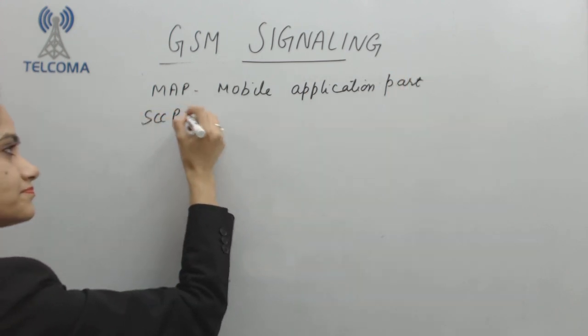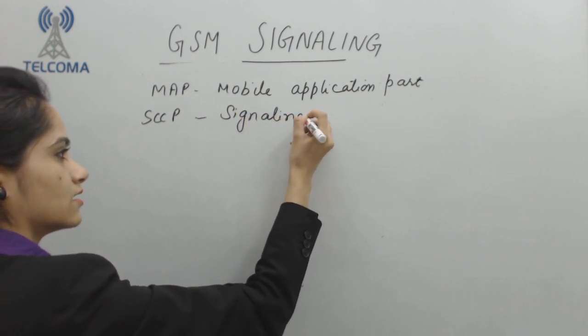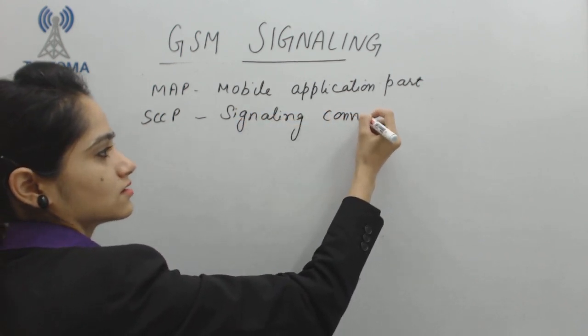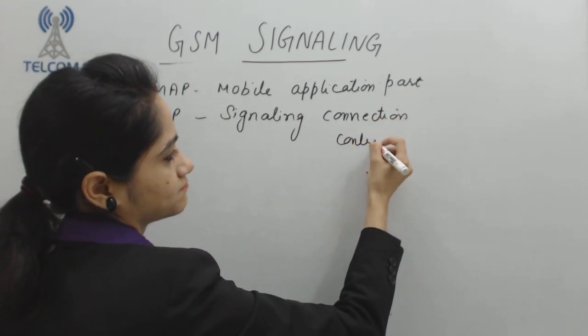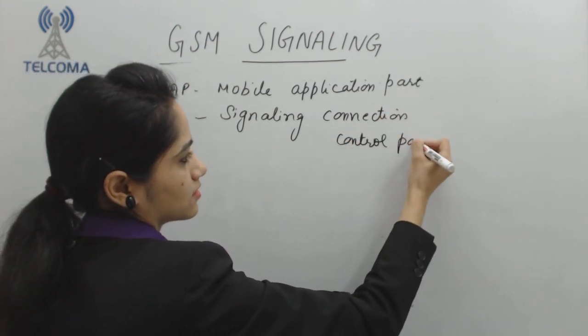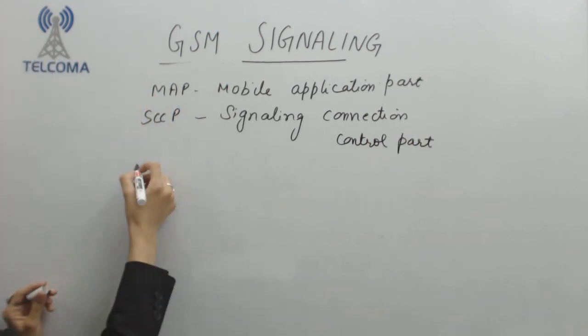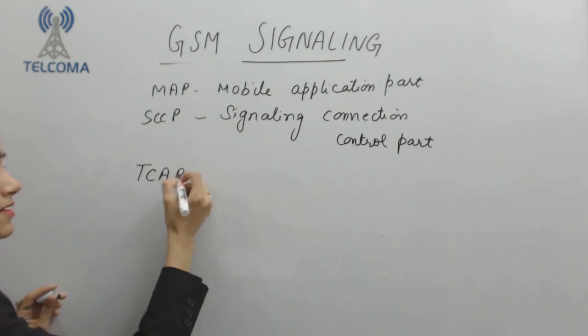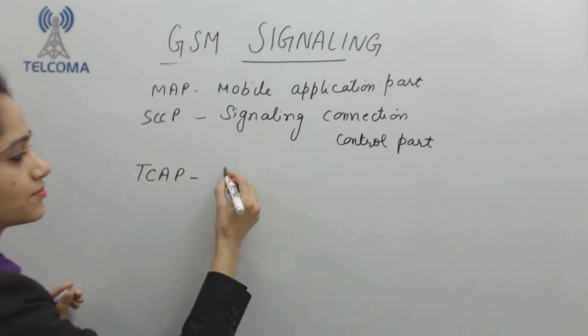SCCP. This one has signaling connection control part. After SCCP we have TCAP. This TCAP is transaction capabilities application part.